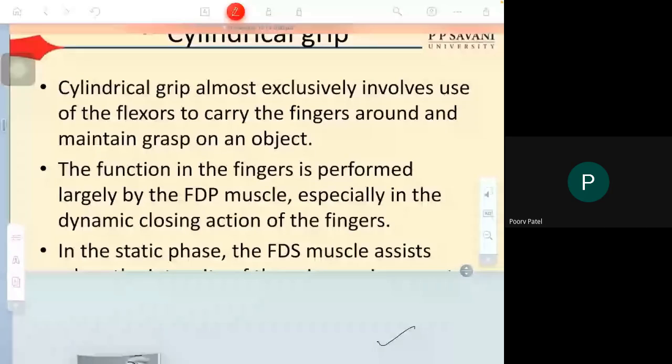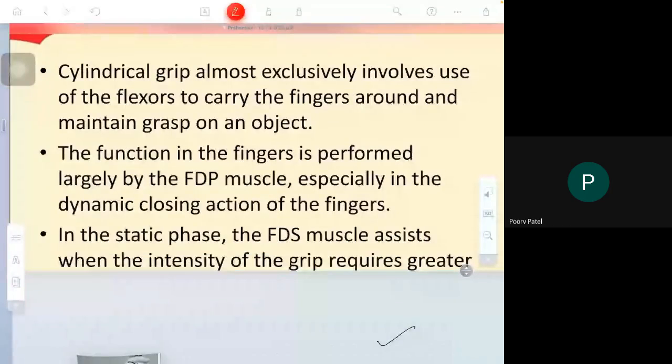The function in the finger in cylindrical grip is performed largely by FDP muscle, especially in the fourth phase. That is dynamic closing.